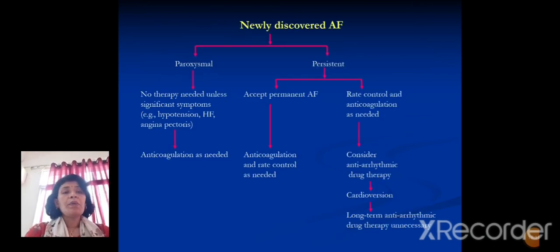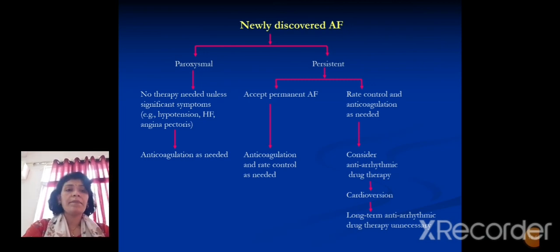Now a few lines about newly diagnosed AF. If it is a paroxysmal AF, then no therapy is needed unless there are significant symptoms. If the patient is having hypertension or there are signs of heart failure or the patient is having anginal pain, then anticoagulation is needed. And if the patient is having persistent AF, then most likely it is going to land up in permanent atrial fibrillation, and here anticoagulation and rate control as needed are started.